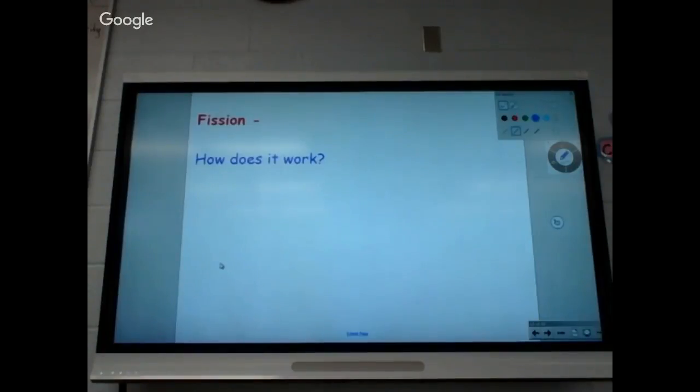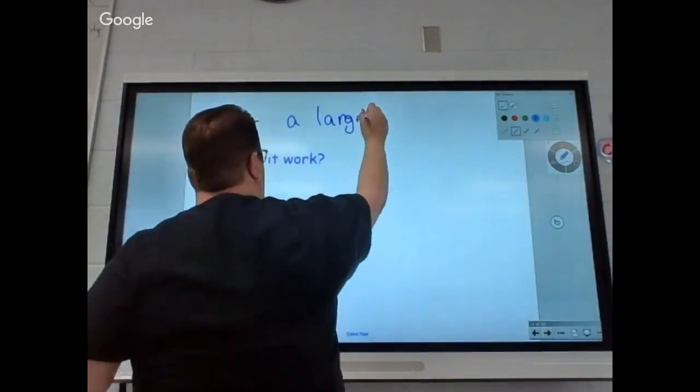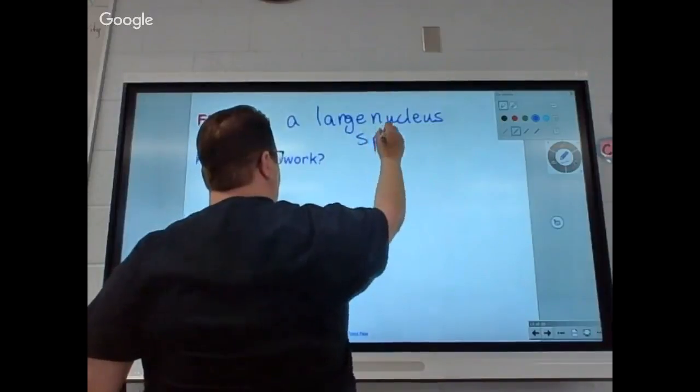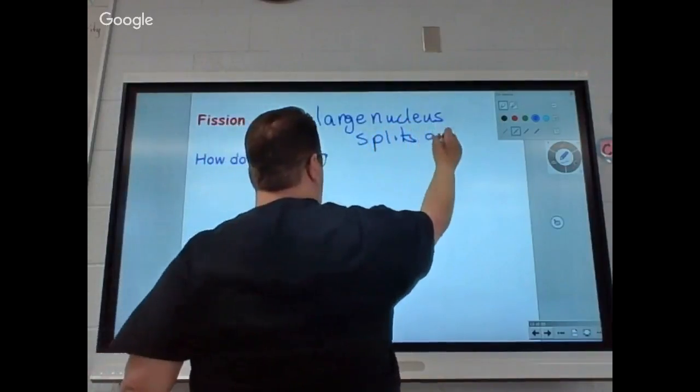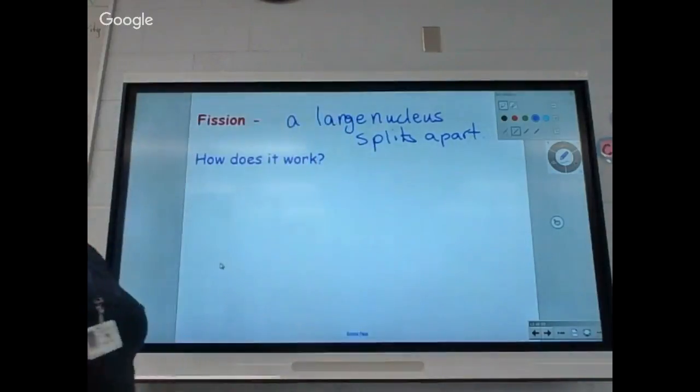To separate. So fission is a large nucleus splits apart. Okay? A large nucleus splits apart.